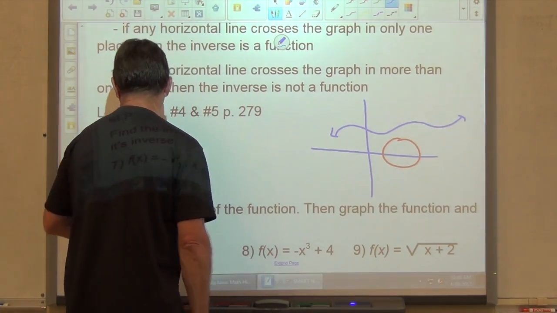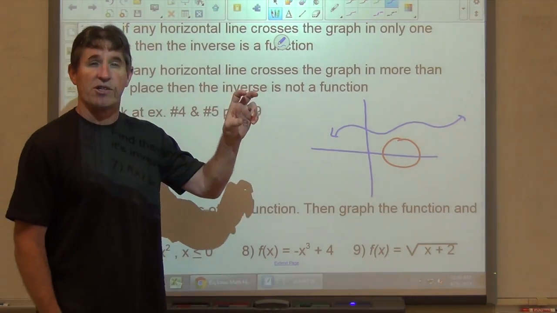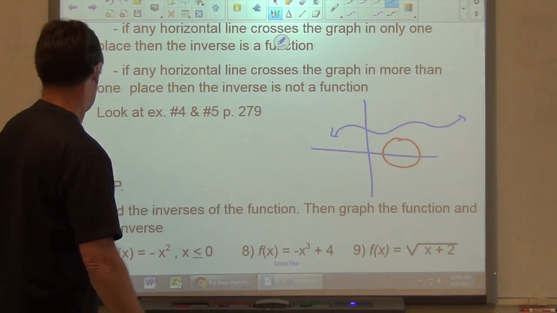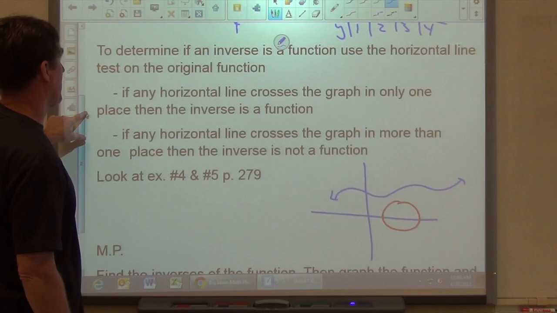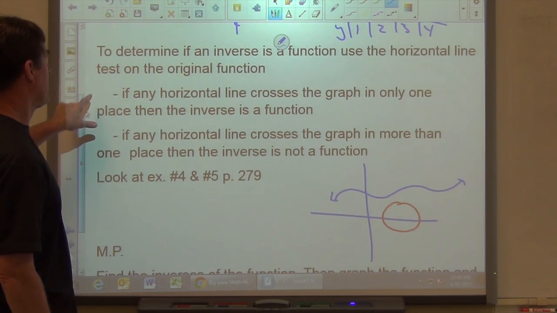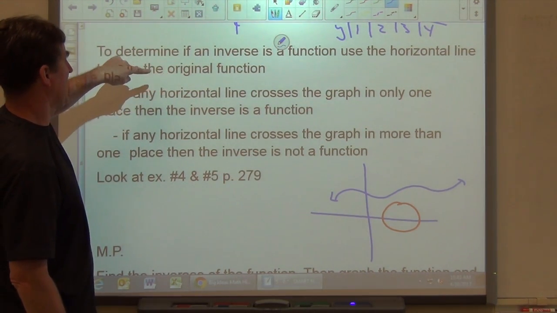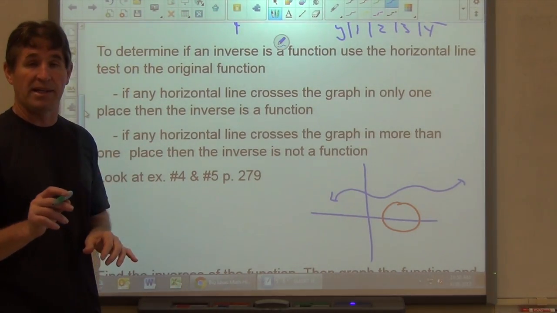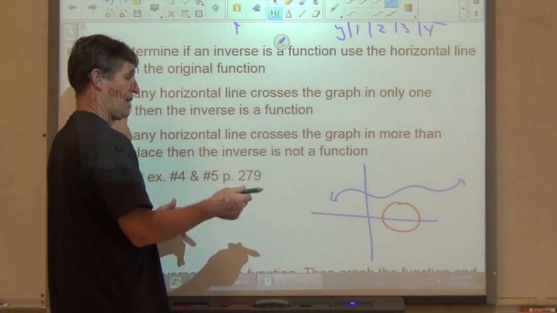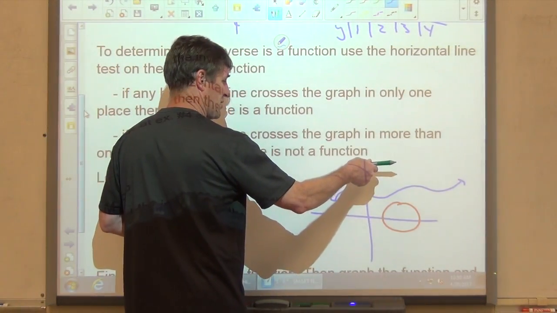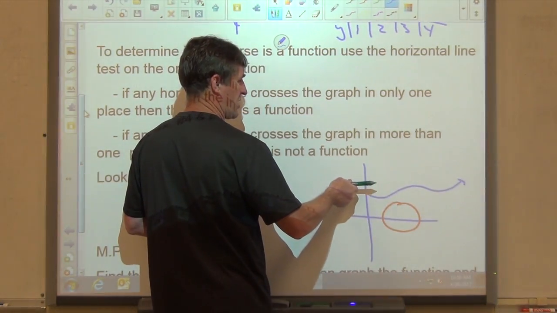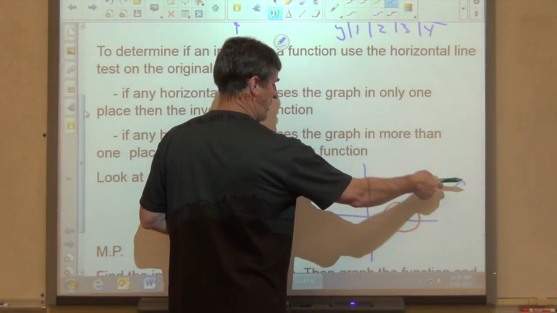Okay? Well, to determine if the inverse is a function, because remember that's a reverse, it's going to flip the graph. Now what we use is what's called a horizontal line test. If we do a horizontal line test, if it crosses the graph at more than one place, then the inverse is not a function. So like on this, if I was to take this line, since it goes forever, it's going to cross the graph multiple times sometimes.